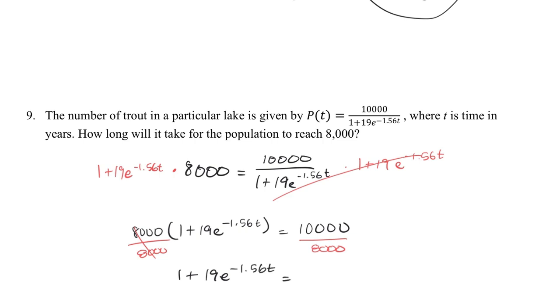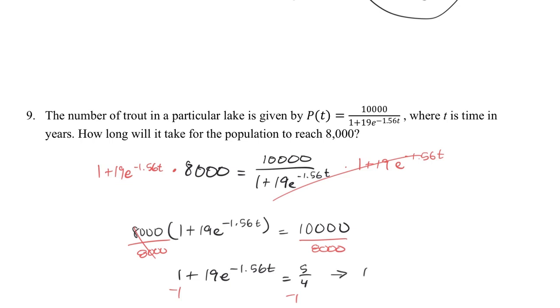So 10,000 divided by 8,000 is 5/4. Now we subtract 1. 5/4 minus 1 is 1/4.